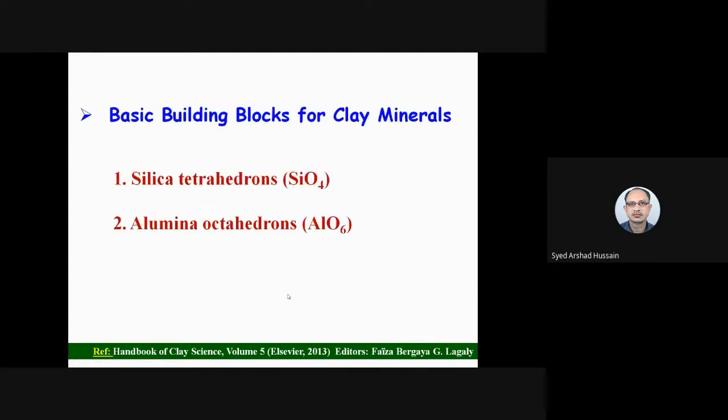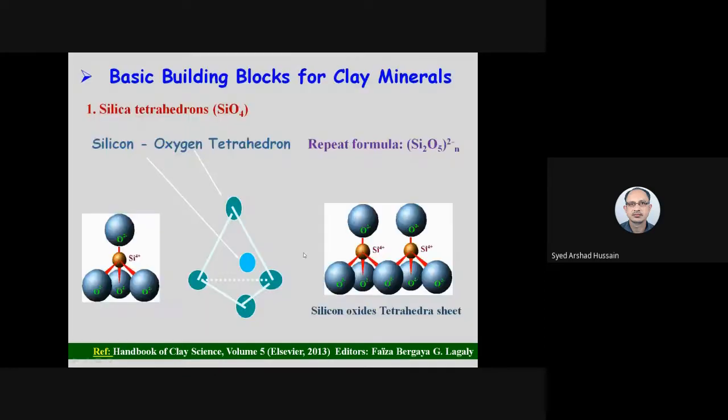Now, the basic building blocks of clay mineral, that means clay sheets, are silica tetrahedrons, SiO4, and alumina octahedrons. Schematically, here are shown silica tetrahedrons. You can see here two repeat units. In this way, it forms continuous repeat units and forms a sheet of tetrahedra.